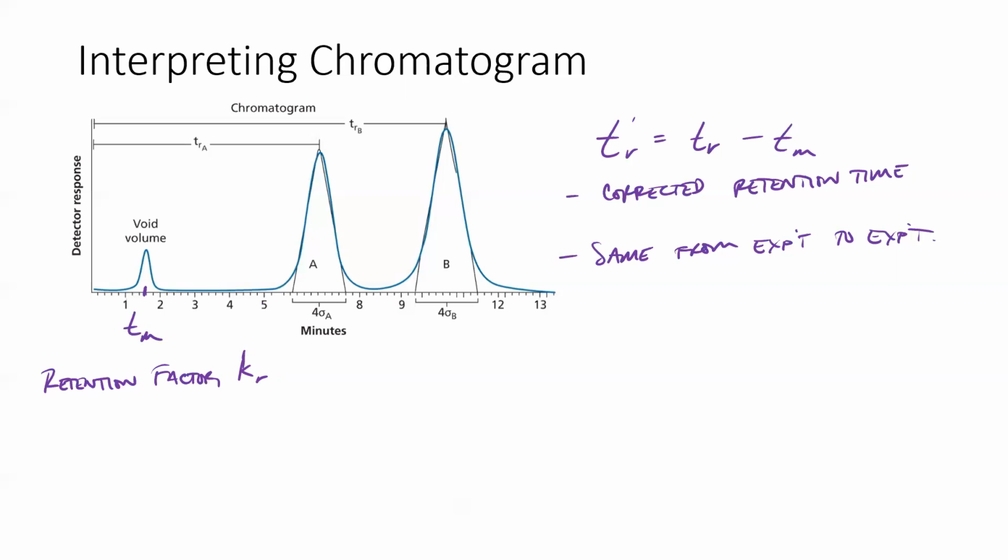This retention factor tells us something about the ratio between the actual volume of the stationary phase inside the column and the volume of the mobile phase inside the column. It's similar to the capacity factor that we talked about in liquid-liquid extraction, because Kr is going to be Kd times the volume of the stationary phase divided by the volume of the mobile phase.